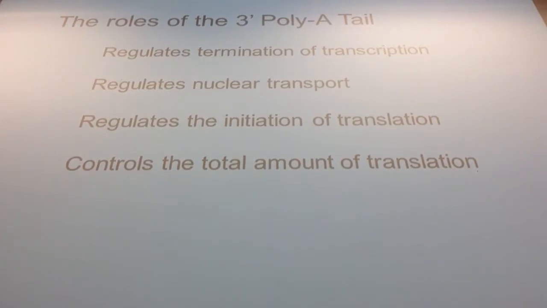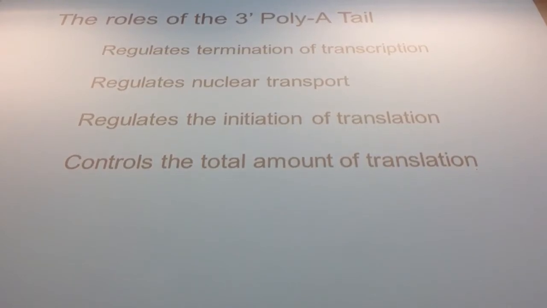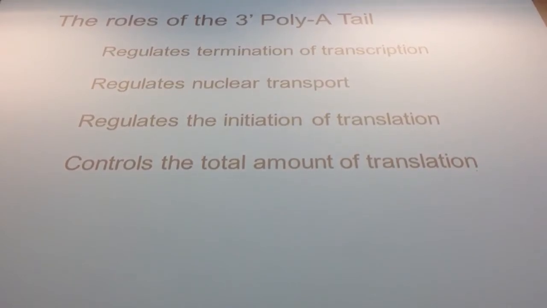I just told you that once polyadenylation occurs, RNA splicing is not done yet. So the first function of polyadenylation is to induce transcriptional termination, right? That's the first one. The second function is really the poly A tail.